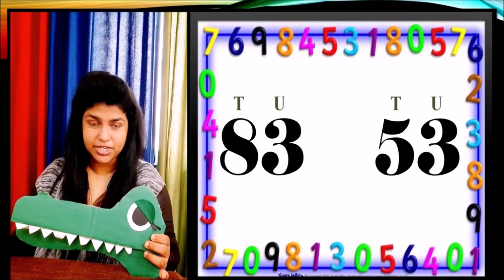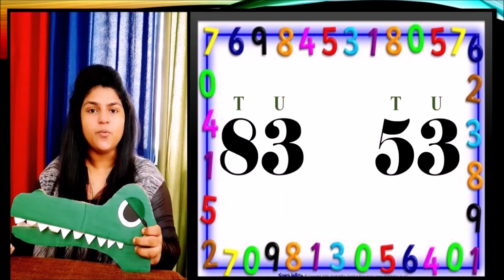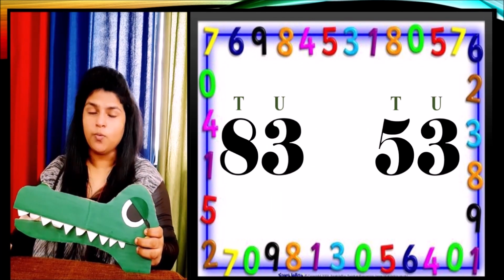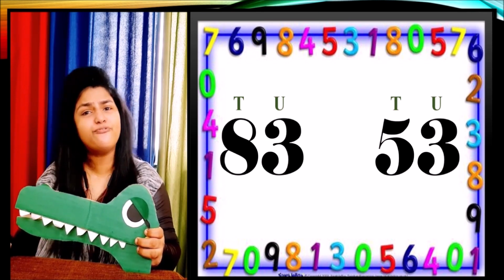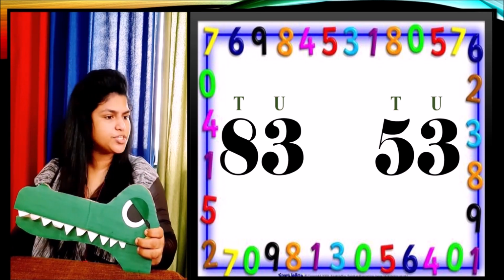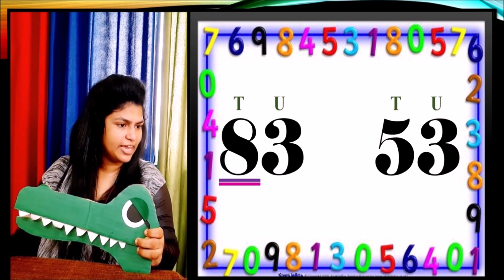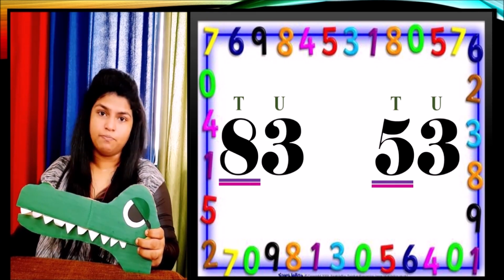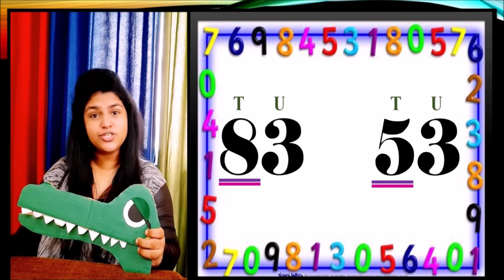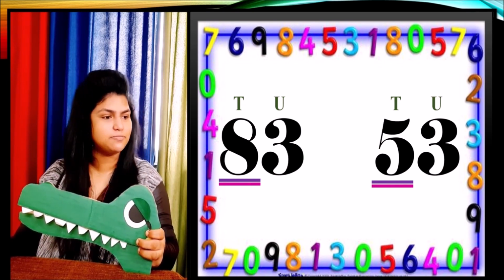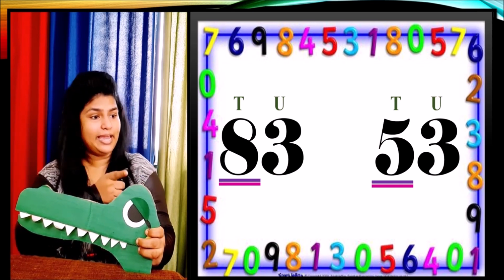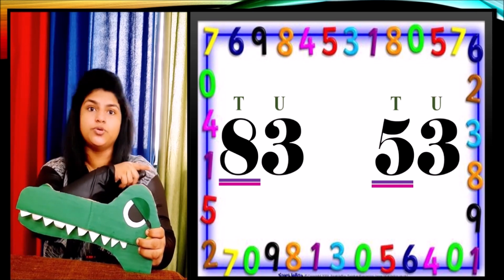Now, remember my dears, whenever you want to find out whether the number is big or small, you will always see the first number. So which is the first number here? We have 8 and 5. Both are in the tens place, and so you will compare only the numbers in the same place. Means you will not compare 8 in the tens place and 3 in the units place.